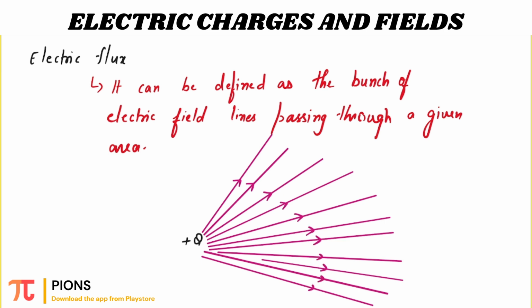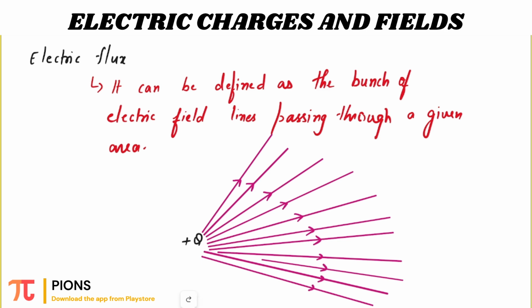And if they are very dense around the charge, it means the field is stronger in this region compared to the field in this region. This is obvious because we know from the mathematical relation, E is equal to kq by r square. As r, the separation, increases as we go away from the charge, the electric field decreases, right?